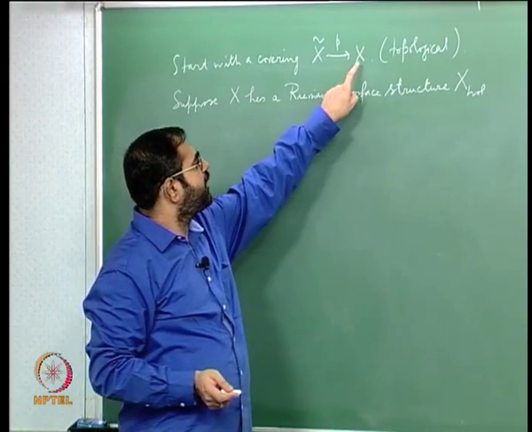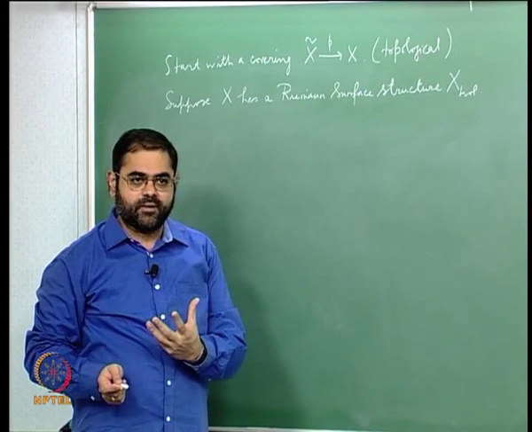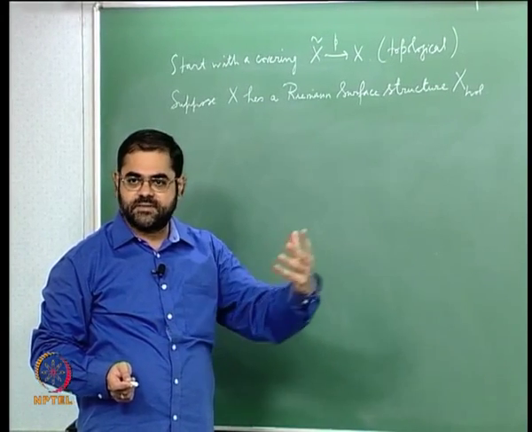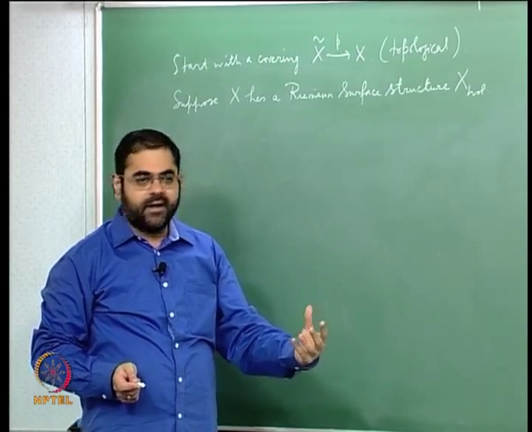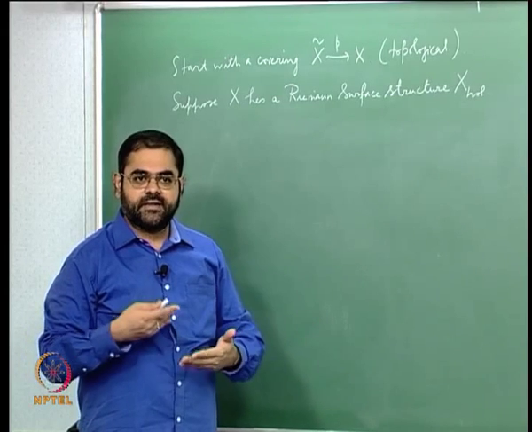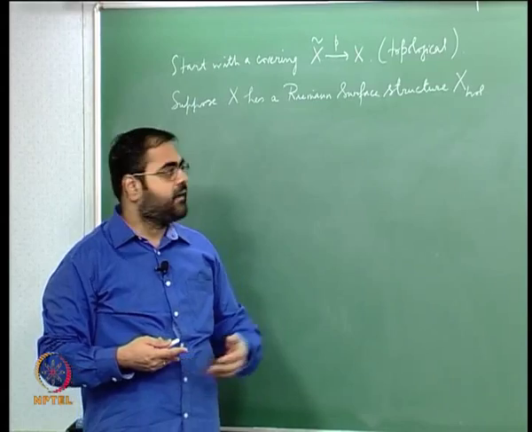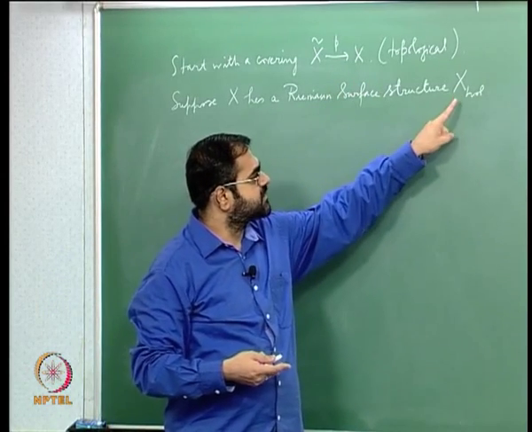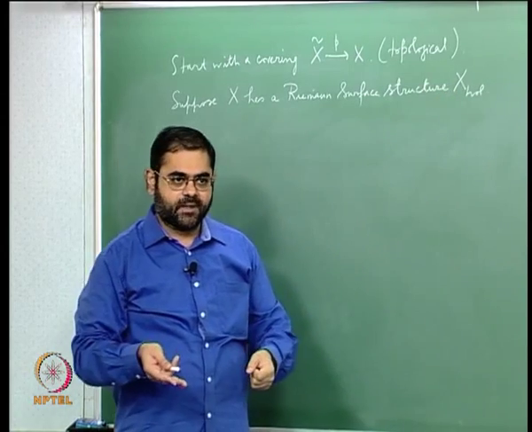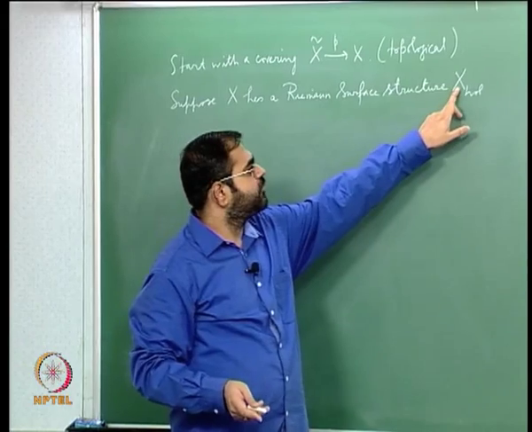It means every point of x is given a coordinate chart, a neighbourhood which is homeomorphic to an open subset of the complex plane. Any two such charts that intersect are compatible, namely the transition functions are holomorphic, and of course when I take the Riemann surface corresponding to this, I include all possible compatible charts, so I take the maximal atlas. That is what I denote by x sub whole.